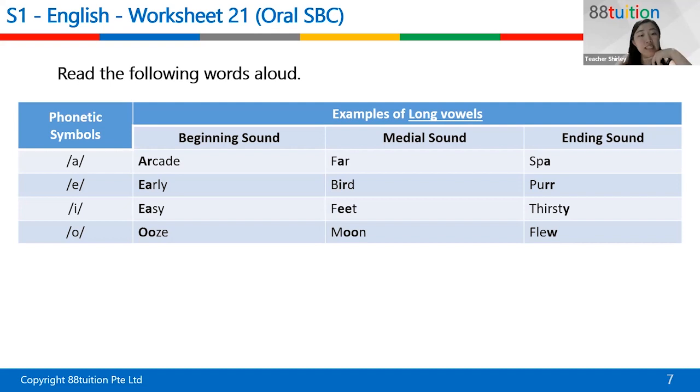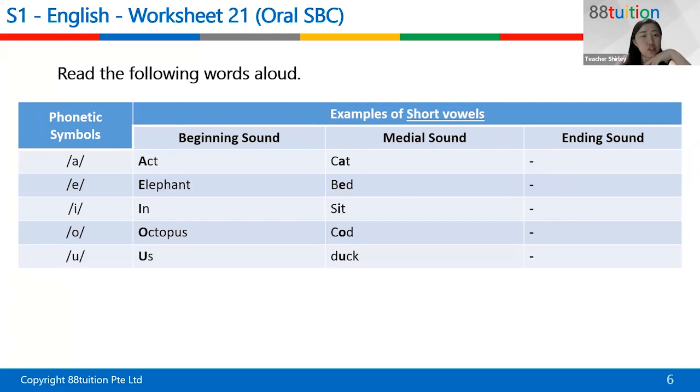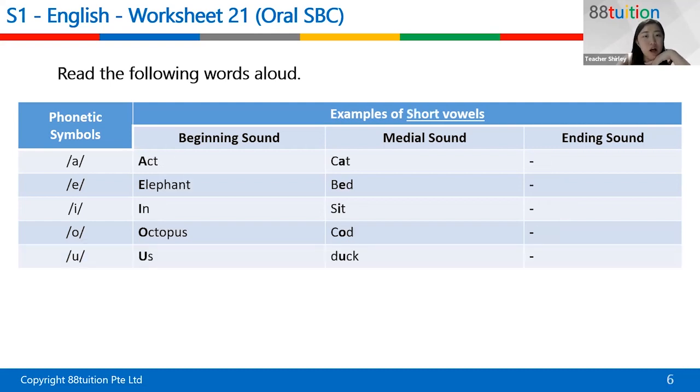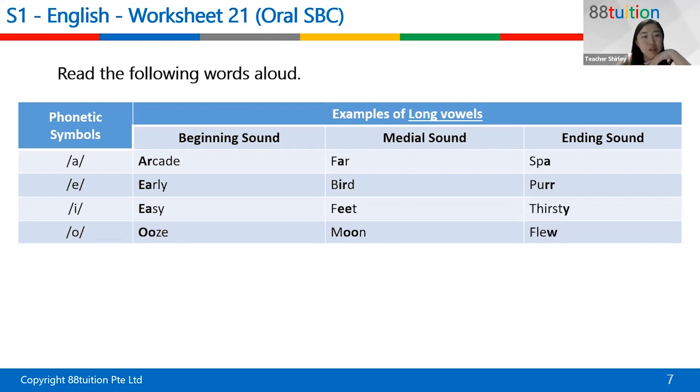And then E, just now was short, in and sit. But when it's long, it becomes easy, feet, thirsty. And lastly O, instead of octopus, cod, it becomes ooze, moon, flu. So all these are long vowels. So be able to differentiate between long and short vowels in terms of pronunciation.